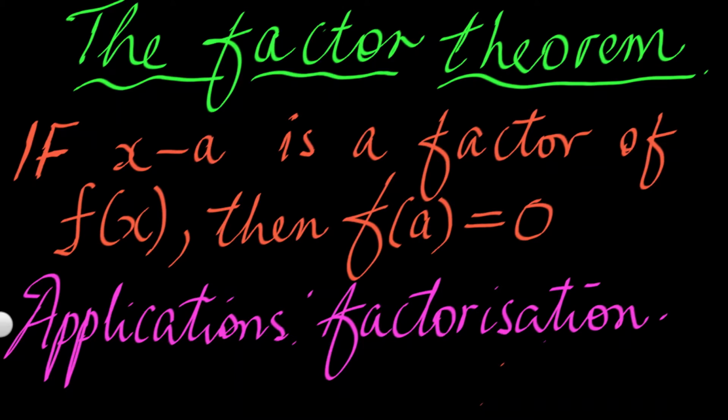In this case, I'm going to give you an example where one of the functions is a polynomial and the other is a linear function, and the linear function is the factor. Let me illustrate this with an example.